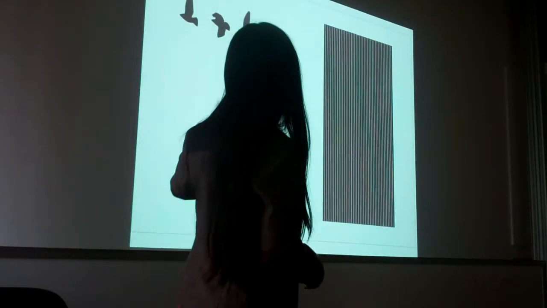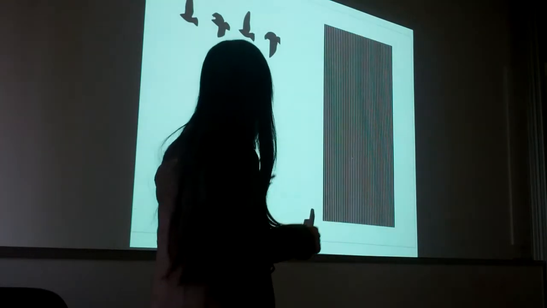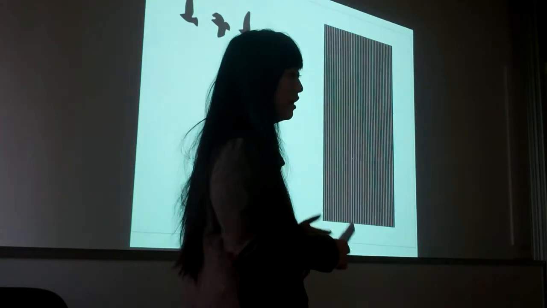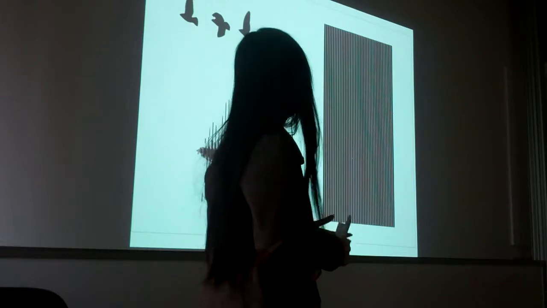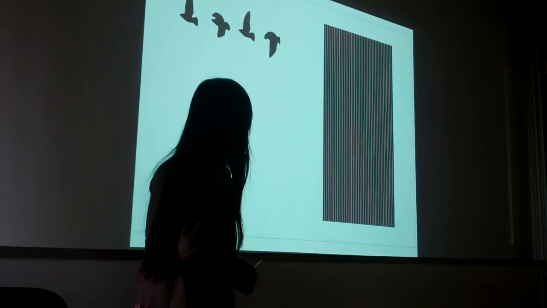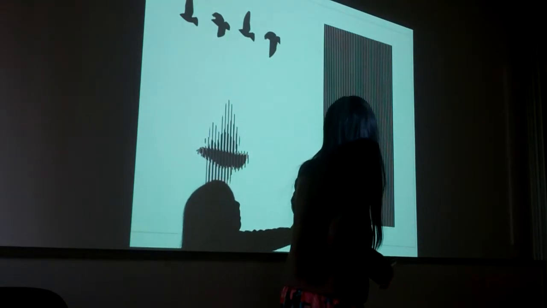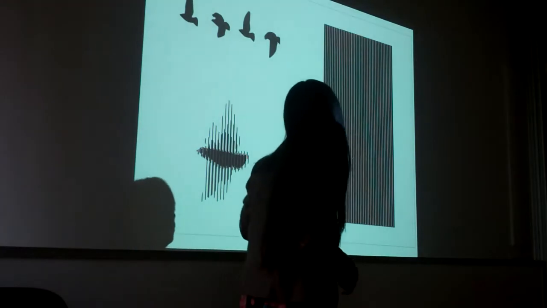This is the frame. It's an image of birds flying, and I put this picture into it. This is a weird stripe image, but when you put it into the frame, it becomes like this.